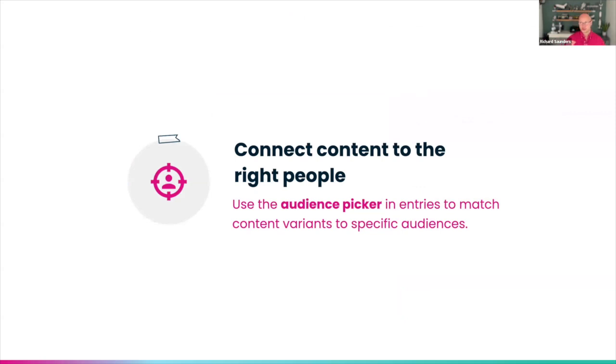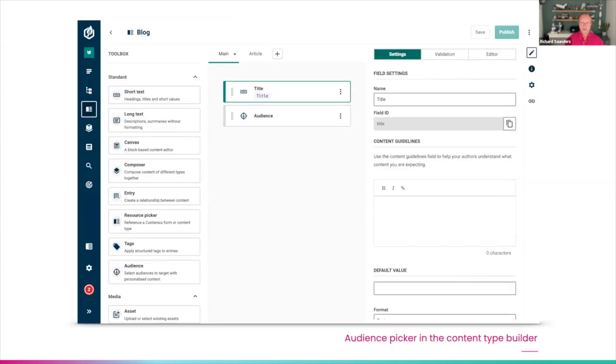So how do we show prospective international students the right content? Well, we use an audience picker in our entries so that when somebody comes to visit that area of the site, we can show the right content variant to the specific audience. So here we've got a blog content type.